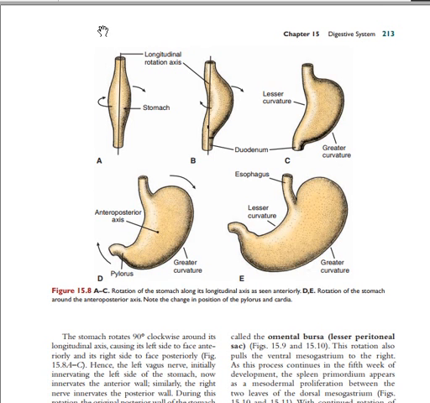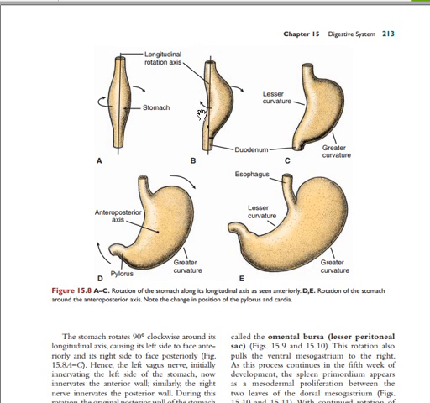Now the right vagus nerve is going to be on this side, and the left vagus nerve on this side. Now since there is rotation, the anterior goes to the right and the posterior goes to the left, so the vagus nerves are going to be here and here.